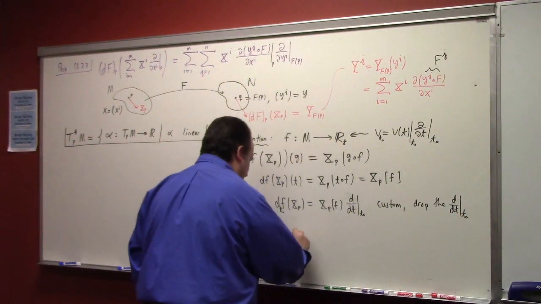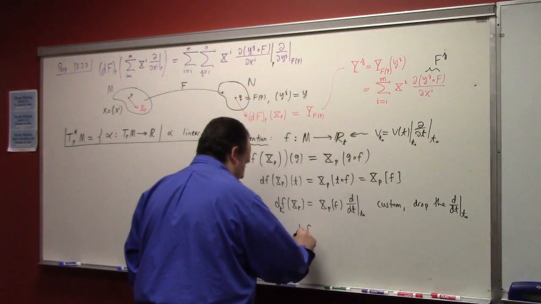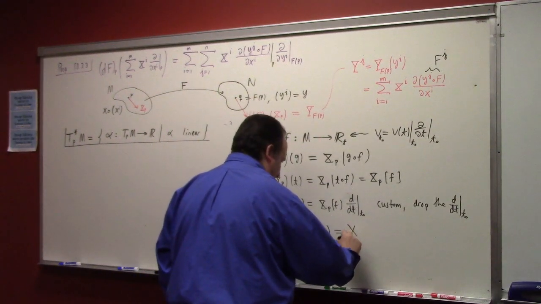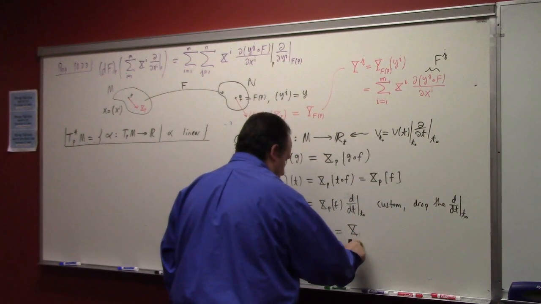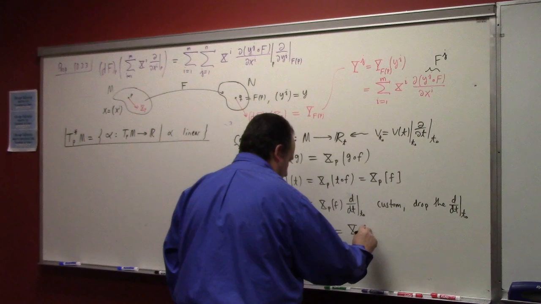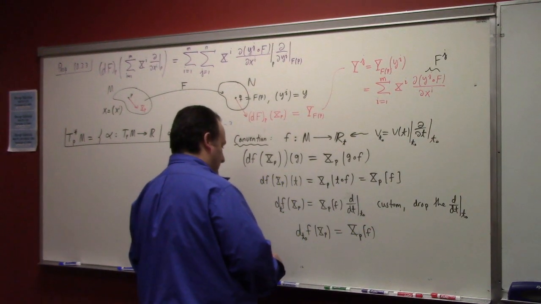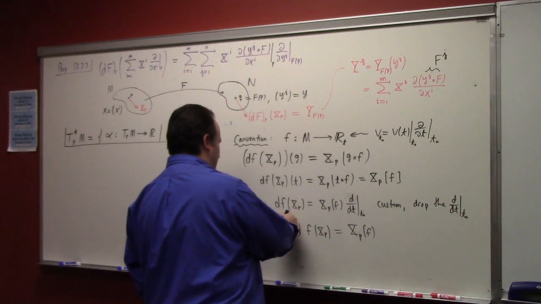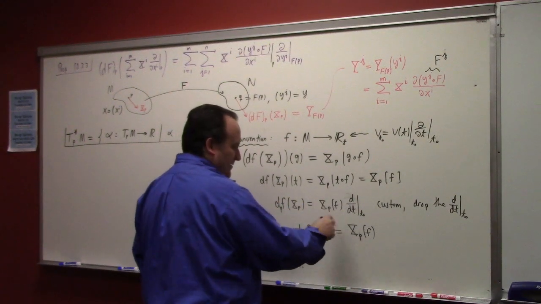So in this particular case, the usual notation is just d sub p of f at xp is equal to x sub p of f. Well, not t naught, this is at p, I'm a dummy. That's at p. Sorry about that.